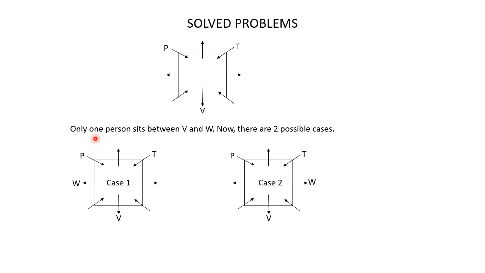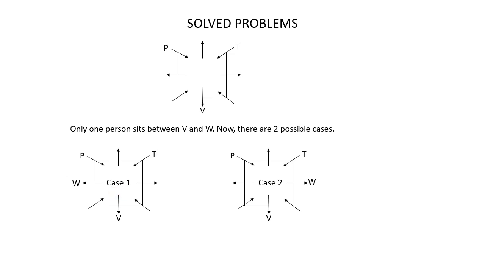Now it's given only one person sits between V and W. Now there are two possibilities. W can sit here so that there can be one person between V and W, or W can sit here so that there can be one person between V and W. So let's place W here so that there is one person between W and V. This is case 1.